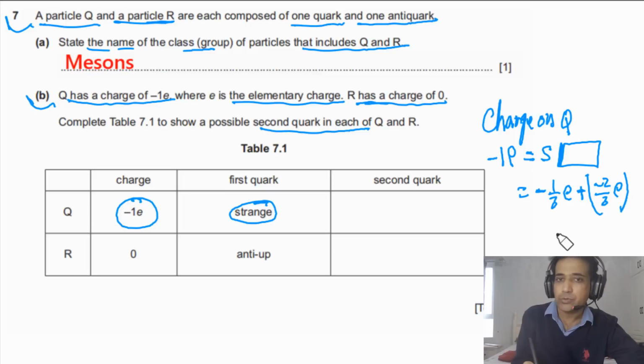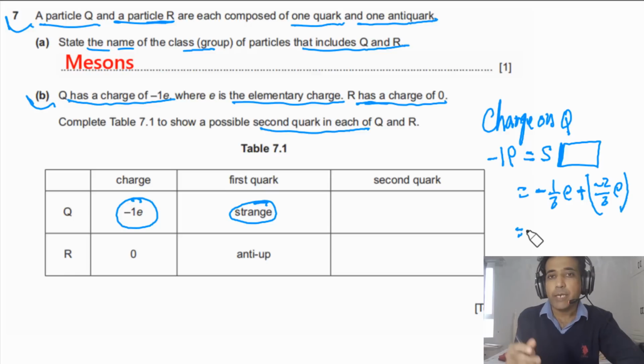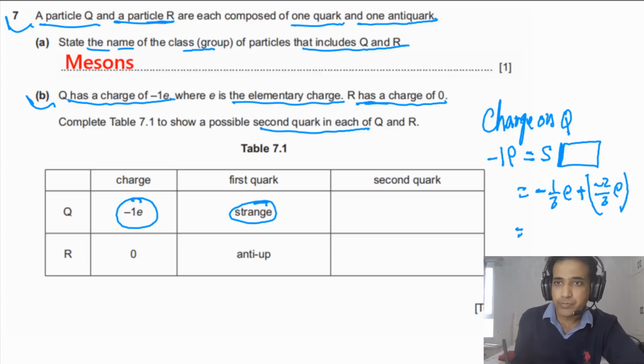A charge of -2/3e is possible if this is an anti-up quark, or it can be an anti-top quark, or an anti-charm quark. Any one of them you can write.